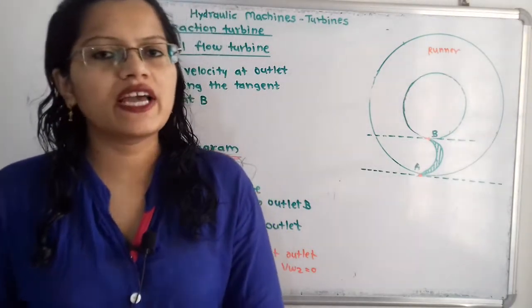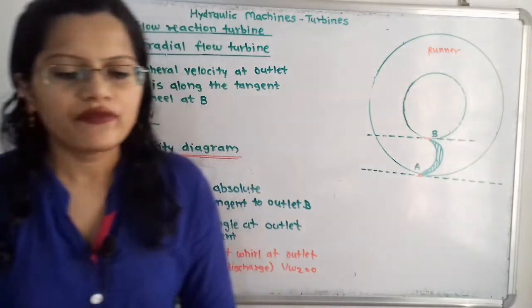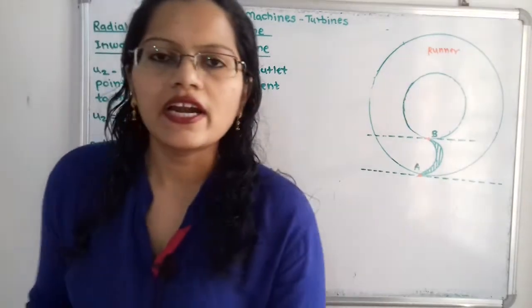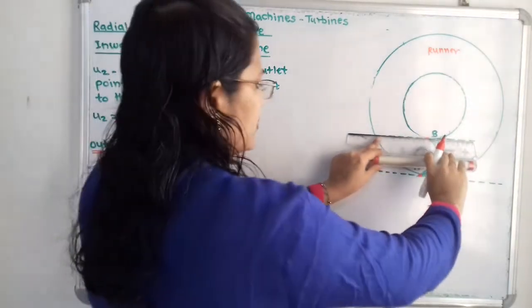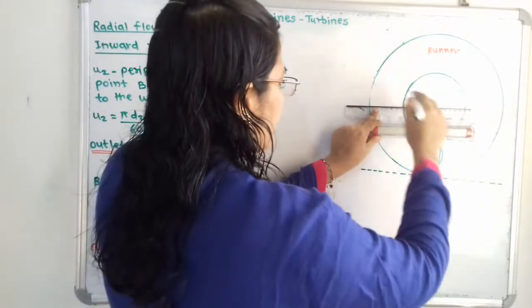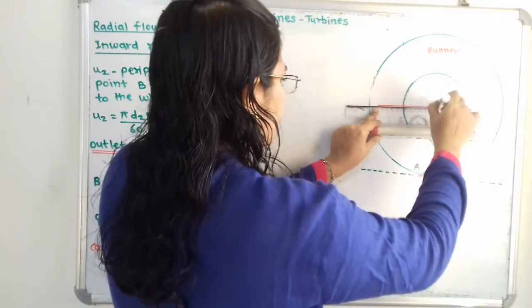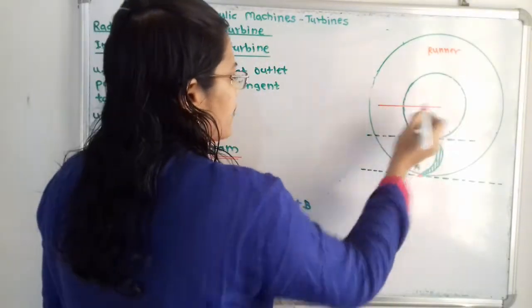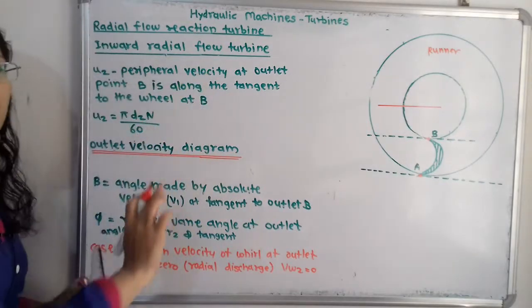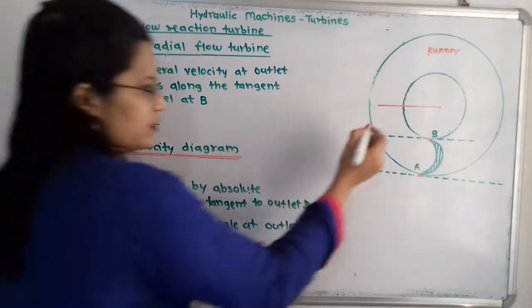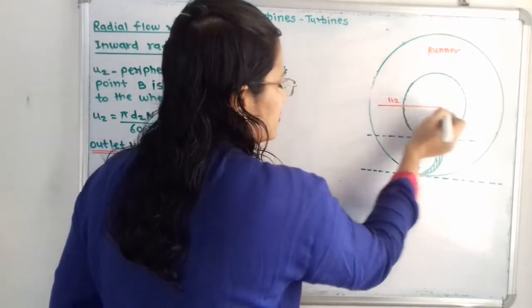We show it with the help of angle phi, and first we draw the tangent line, one line parallel to this tangent. Along this line we show the velocity U2, the peripheral velocity at outlet along the tangent.